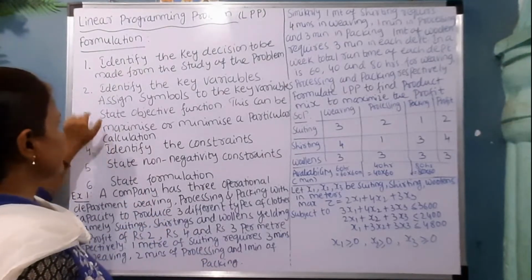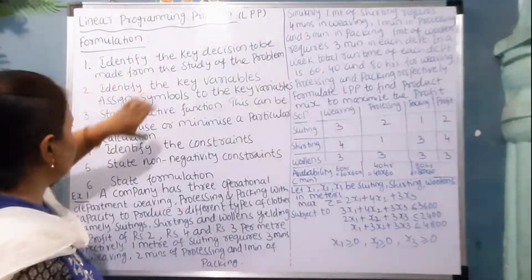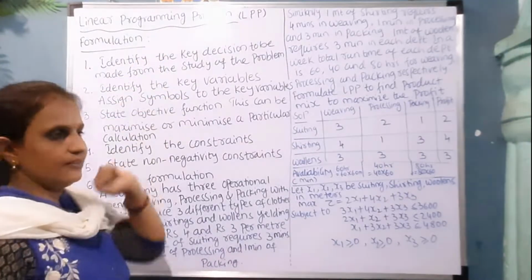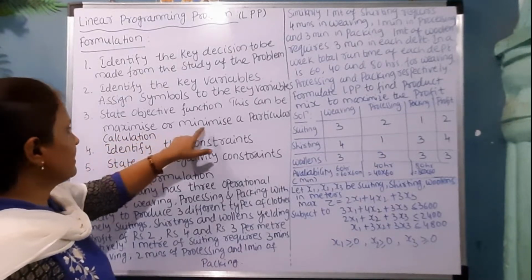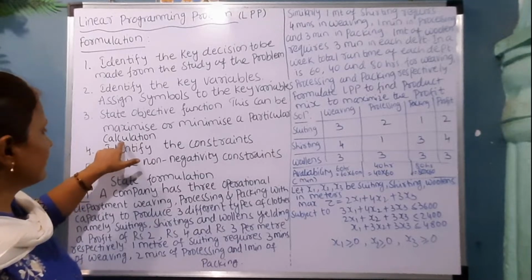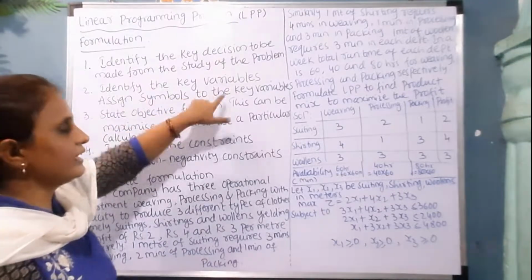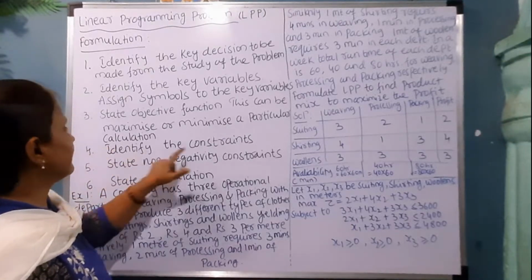The third thing is, once we know the decision variables, once we know what decision we have to take, then we will state the objective function. The objective function may maximize or minimize a particular calculation. This calculation will be written according to the key variables. The next step is to identify the constraints.